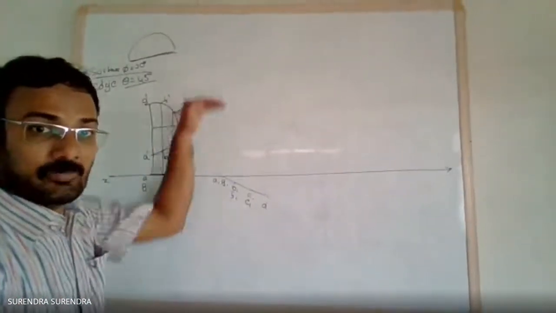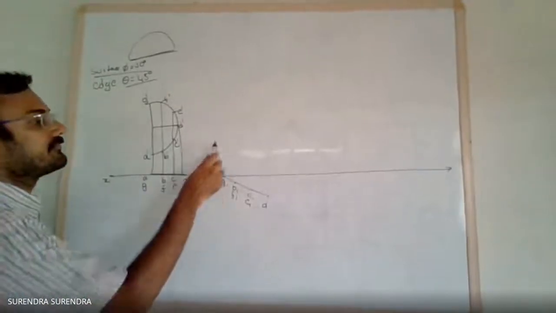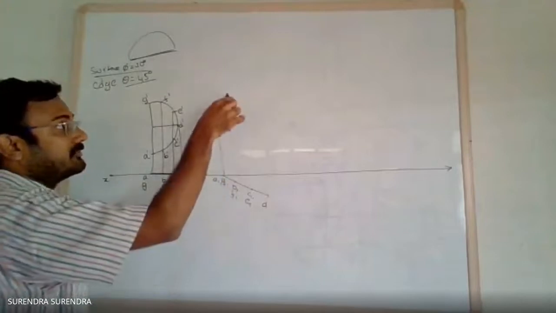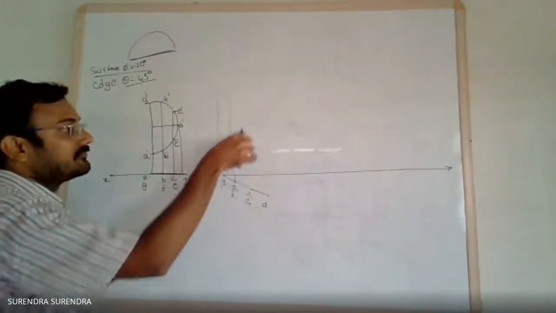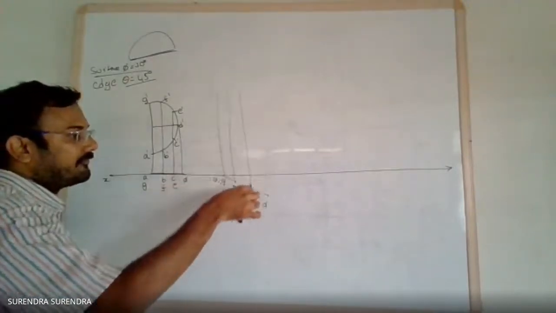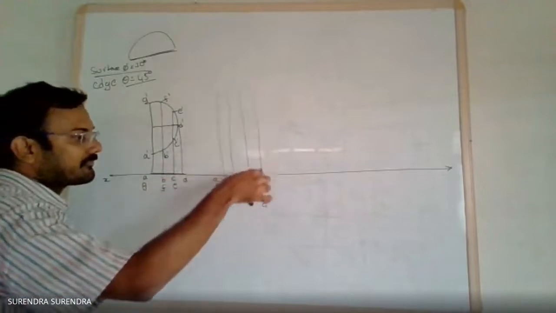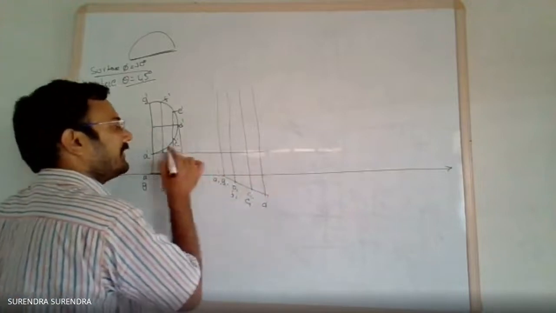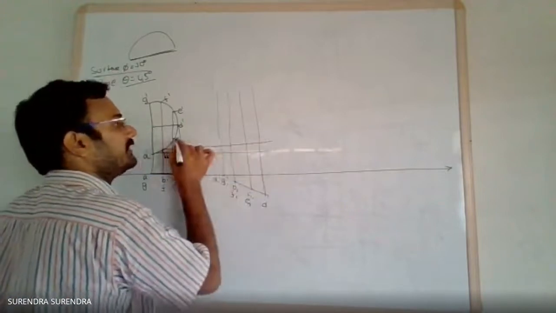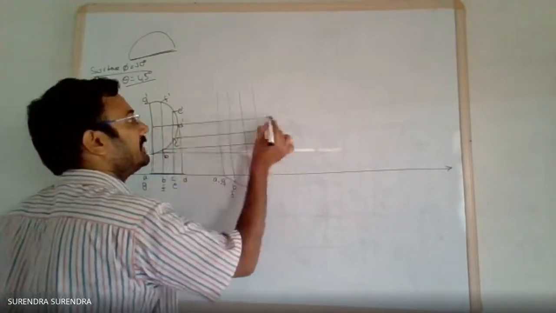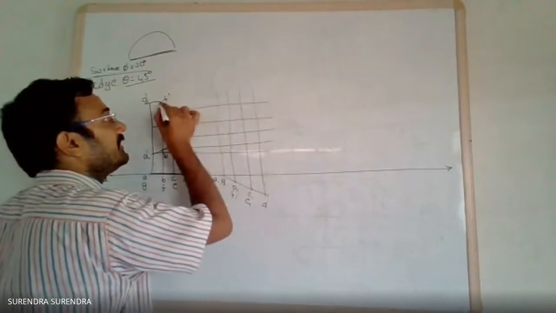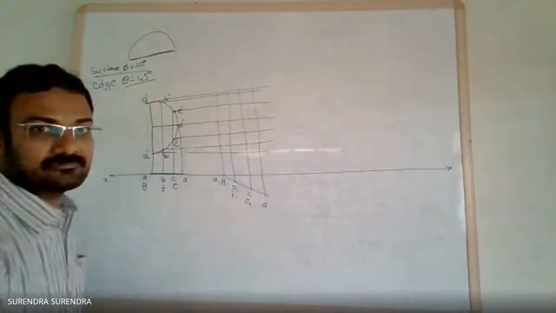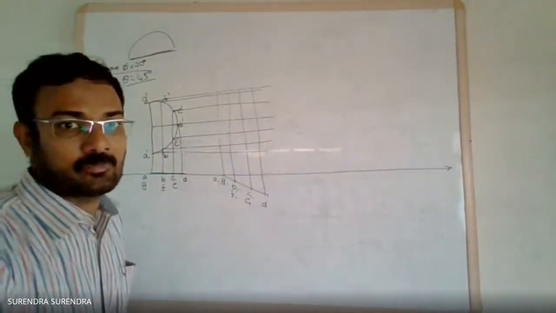Now draw the projections from the top view to the front view, and loci from the previous view, for A, B, C, D, E, F, and G.